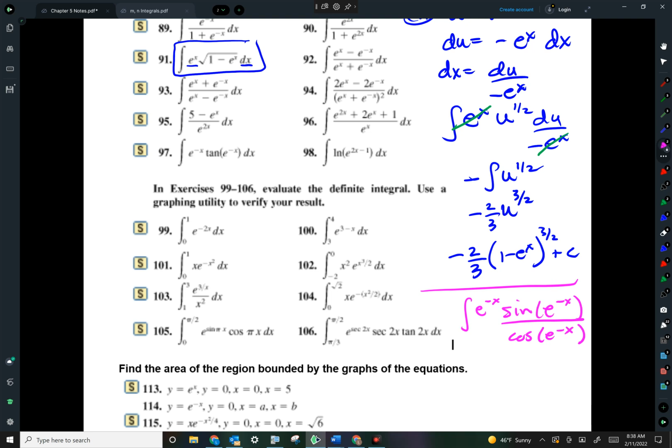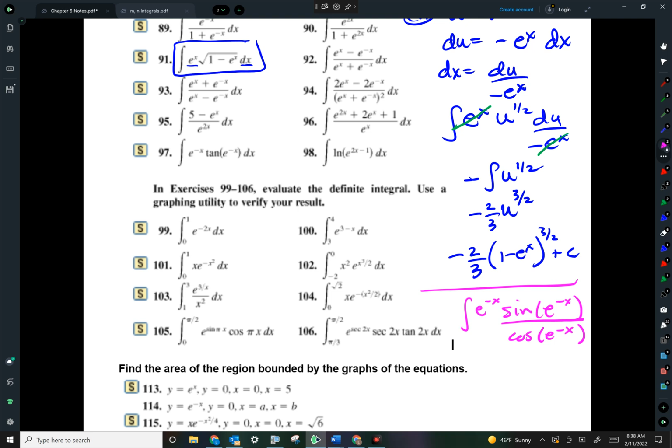And I know it's this extra stuff that I don't like, but whenever I do the sine over cosine, aren't we supposed to look and see if it's a u prime over u? Okay, so let's think about it. If this is u, then u prime would be the derivative of cosine, which is sine of the same angle, but I'd also have to multiply by the derivative of the inside, right? And what's the derivative of e to the negative x?